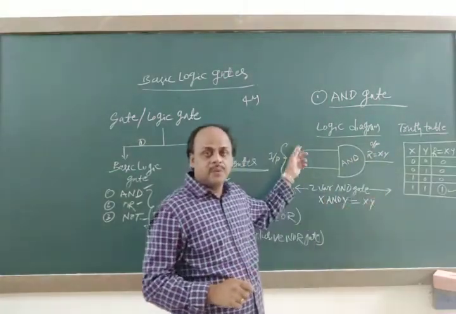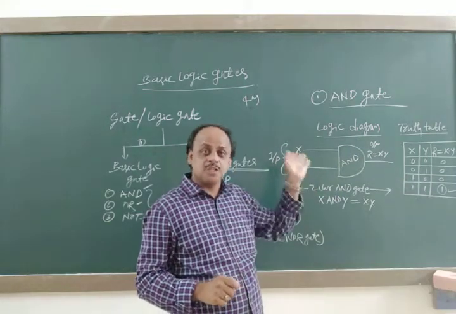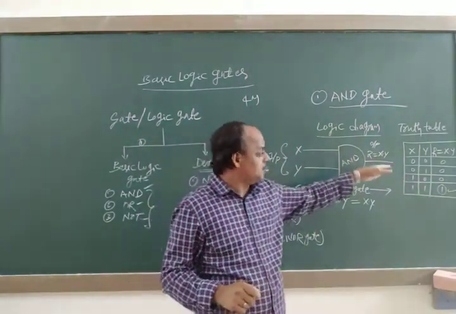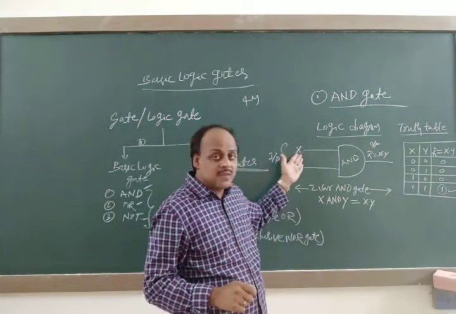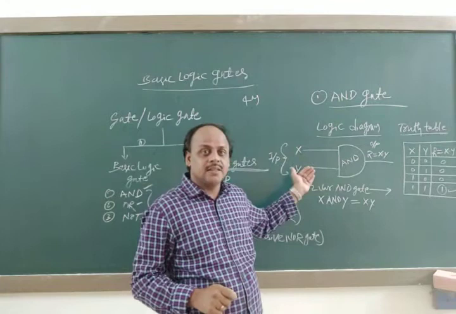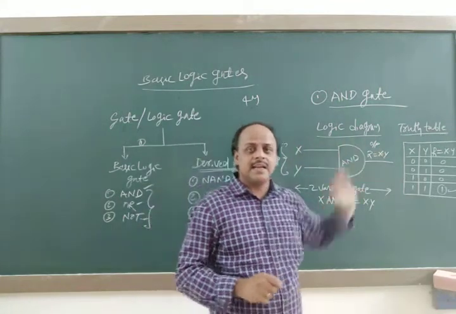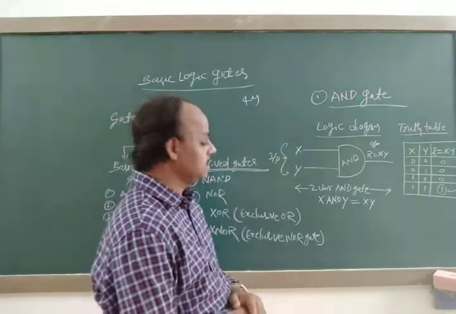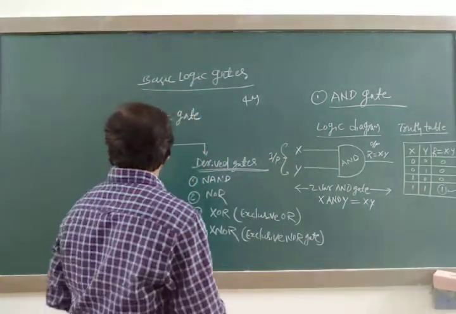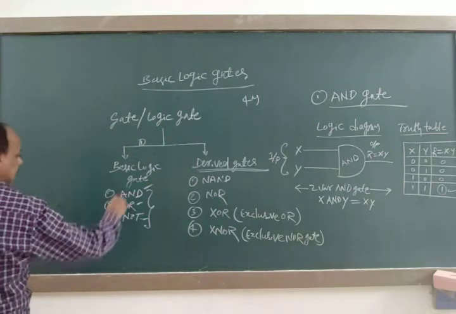We are taking the input as X and Y, so the output must be X into Y. Whatever variables we take on the input side must be used in the resultant expression, that is, on the output side. So see the next logic diagram. AND is over.